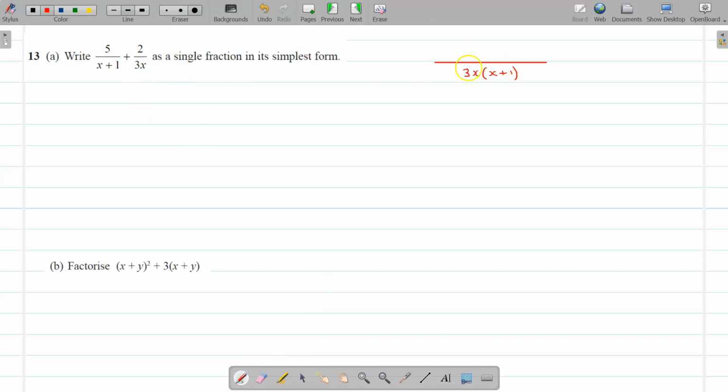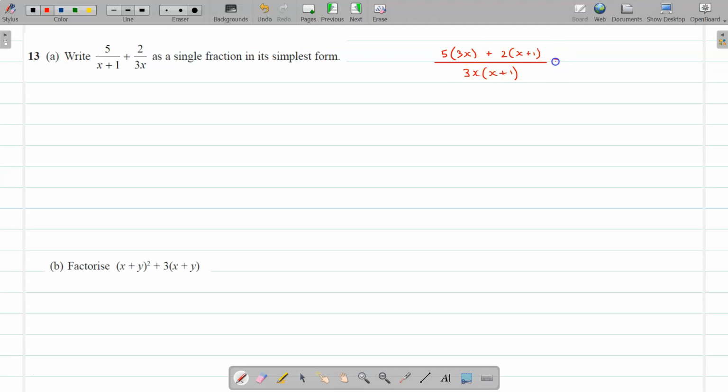So basically I've multiplied the bottom by 3x, so I must multiply the top by 3x with the 5. So it's 5 lots of 3x. Okay, so 5 lots of 3x over 3x times x plus 1 is the same as that. And then on the other side with the 2, I've got to put an x plus 1, to make that have the same denominator. So when I cancel the x plus 1s, I'm left with 2 over 3x, you see.